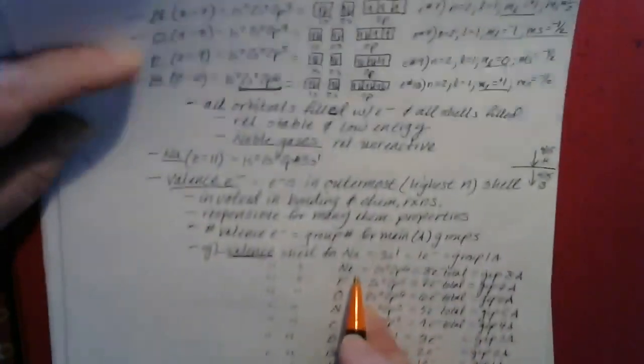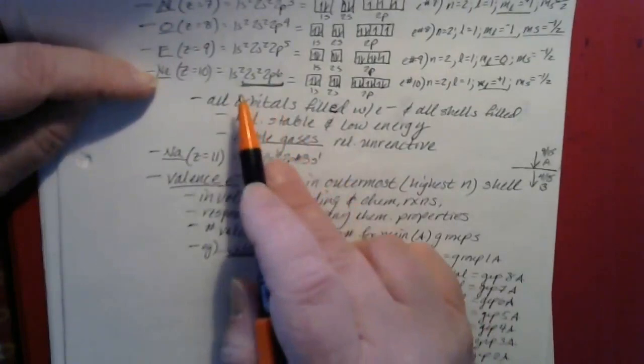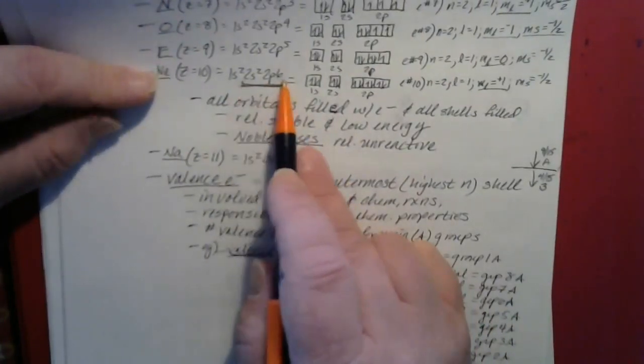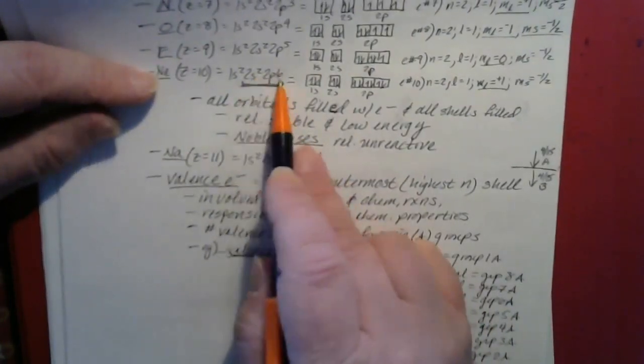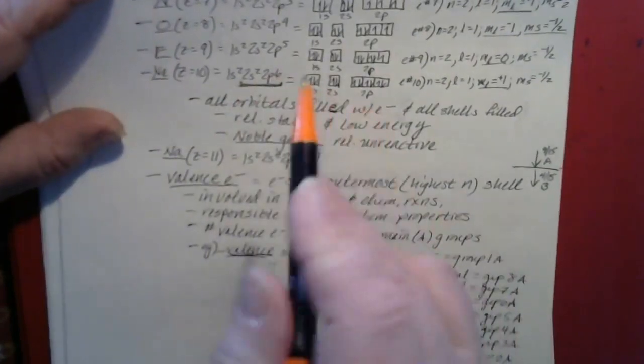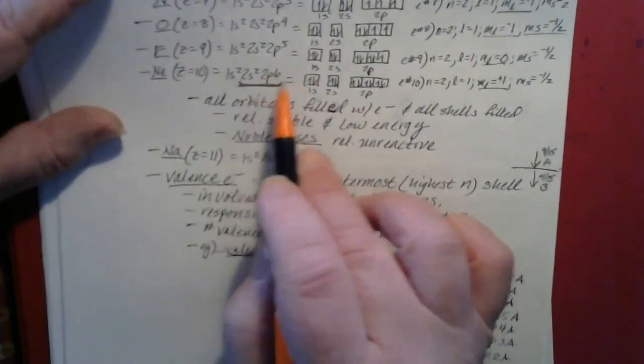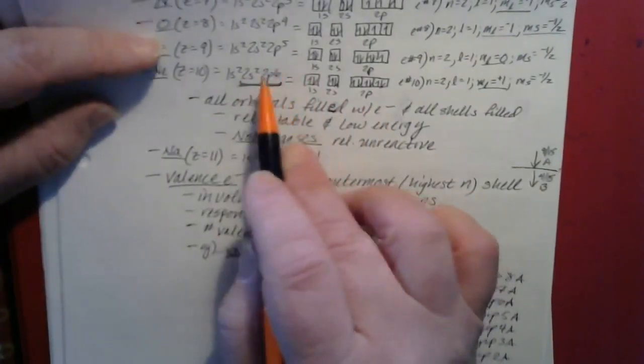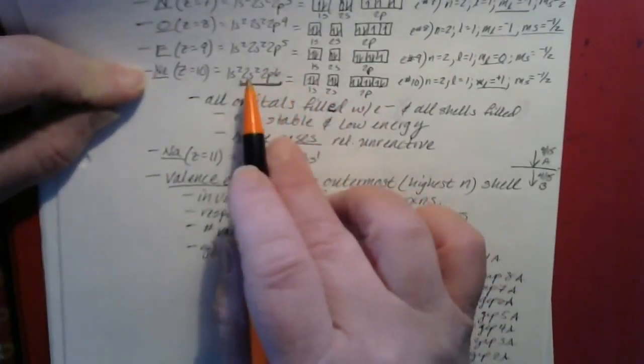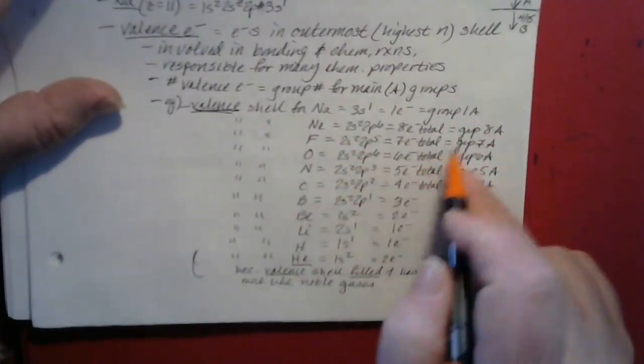For neon, as we saw right before sodium, the valence shell is all of the electrons with n equals 2. You have to watch out, because the tendency might be just to look at the last electrons in an electron configuration and say, oh, neon's got 6, it should be in group 6. No, it has 8 (2 plus 6) electrons in the valence shell, and therefore it's in group 8A.